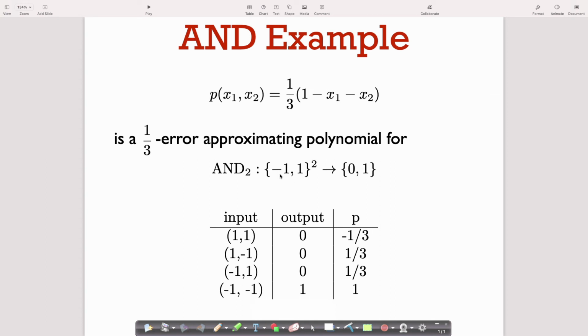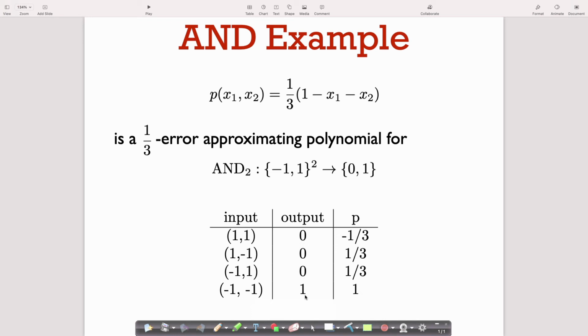So if we go back to our AND function and just consider this polynomial, now I no longer have a degree 2 term. This polynomial is just 1/3 times quantity 1 minus x1 minus x2. Now if you look at the values of this polynomial on -1, 1 on 2 bits here, you see that it's always within 1/3 of what it should be.